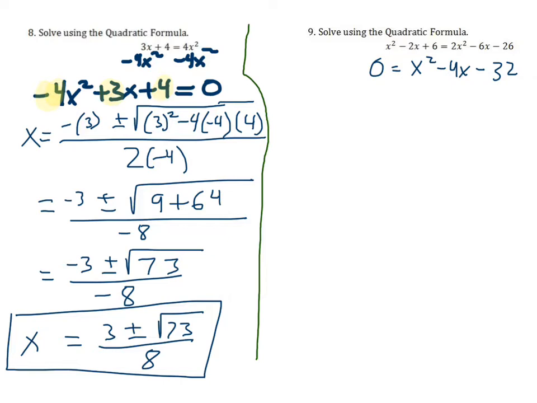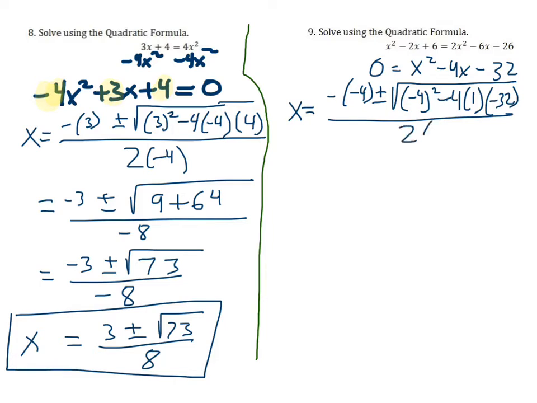Now we're all ready for the quadratic formula. X equals negative b, which in this case is b is negative 4, plus or minus the square root of b squared, and negative 4 is in the b spot, minus 4 times a, which is 1, times c, which is negative 32, all over 2 times a, and the a value is 1.